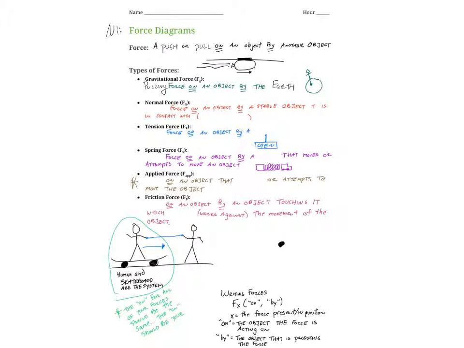Another force is called the support force. That's a support force on an object by a stable object that it happens to be in contact with. For example, it would be the ground, a table, etc. What I mean by etc. is that anything in constant contact with an object could be considered the normal force.